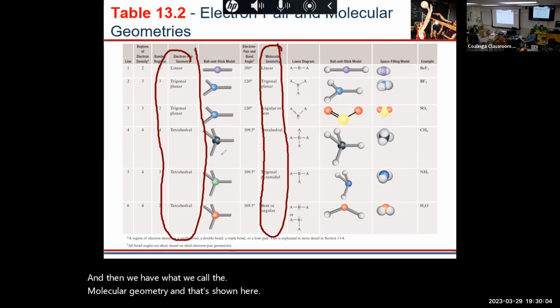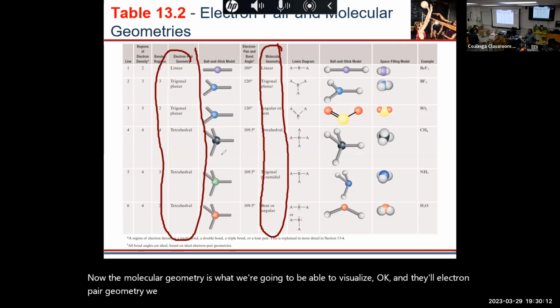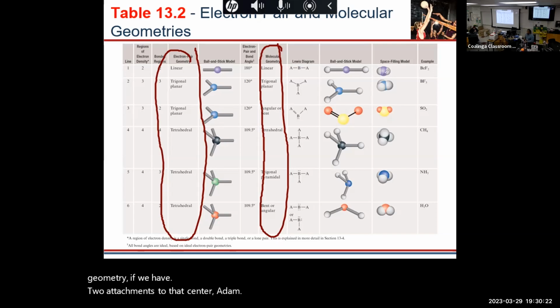Now the molecular geometry is what we're going to be able to visualize, and with the electron pair geometry, you don't see the electron pairs. So in the case of the molecular geometry, if we have two attachments to that center atom, in other words, an example like BeF2, this guy is going to be linear, just like what we saw with the electron pair geometry.